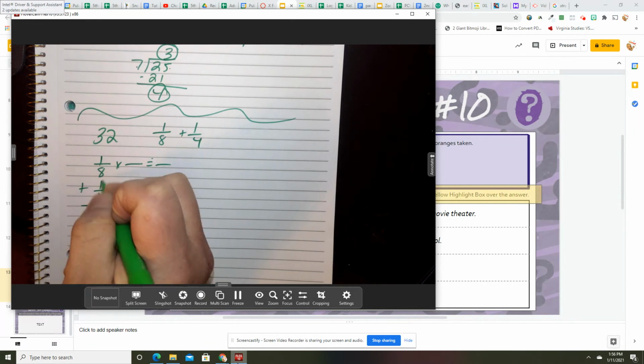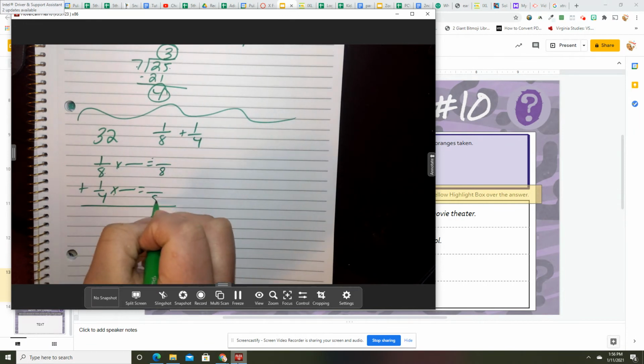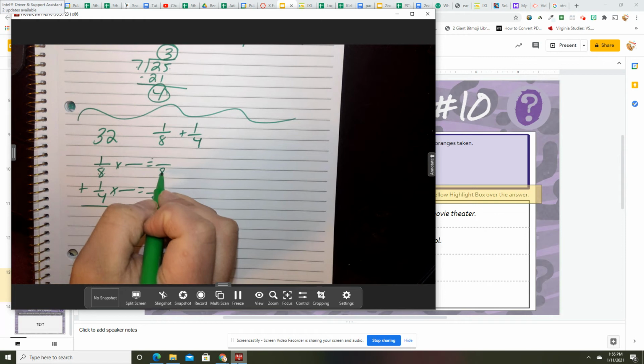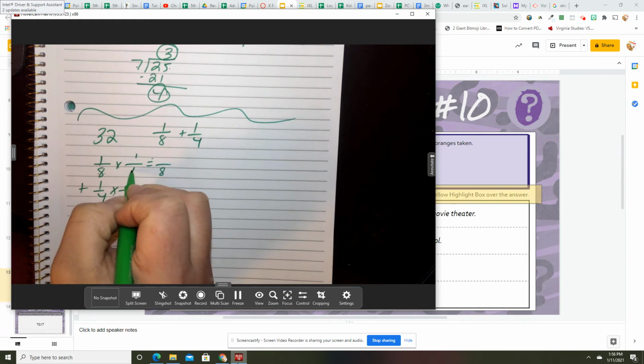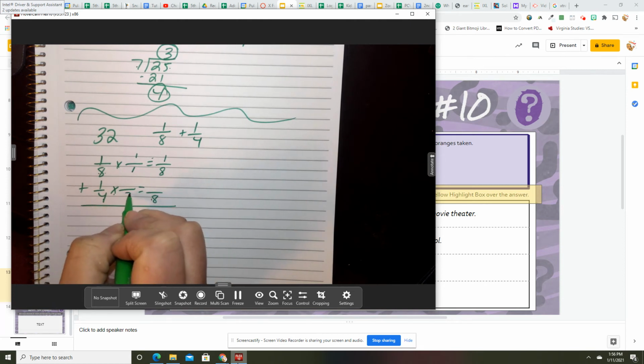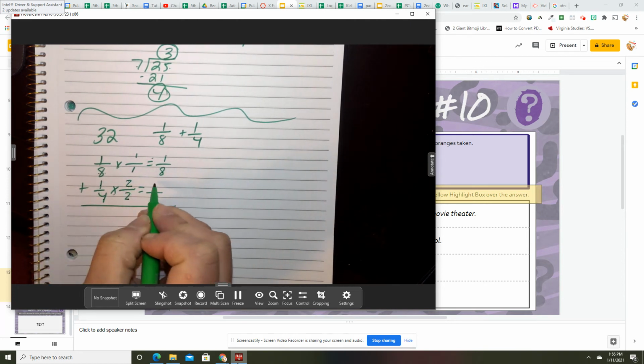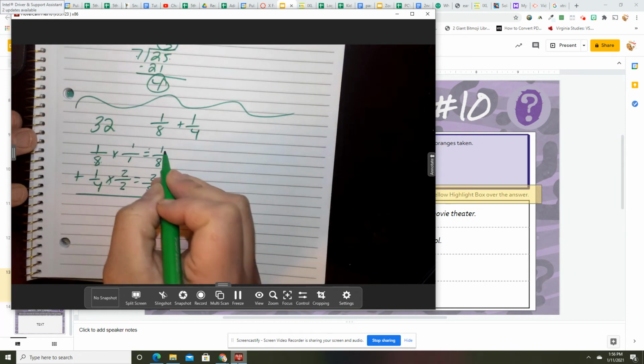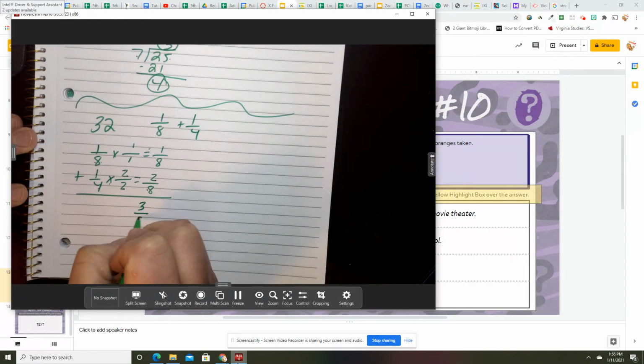4 can go into 8, so I'm going to use 8 as my denominator. 8 goes into 8 one time. What I do to the bottom, I do to the top. 4 goes into 8 2 times. What I do to the bottom, I do to the top. 1 times 2 is 2. 1 plus 2 is 3/8.